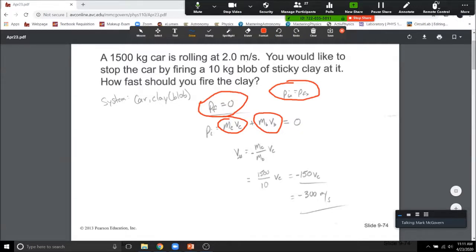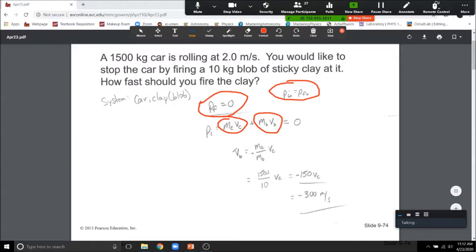And you basically create a proportion out of this. Look at this. The blob of clay is 150 times less massive than the car. So guess what? You're going to have to throw this clay at 150 times the velocity of the car. We'll do the math here, and we get negative 300 meters per second.